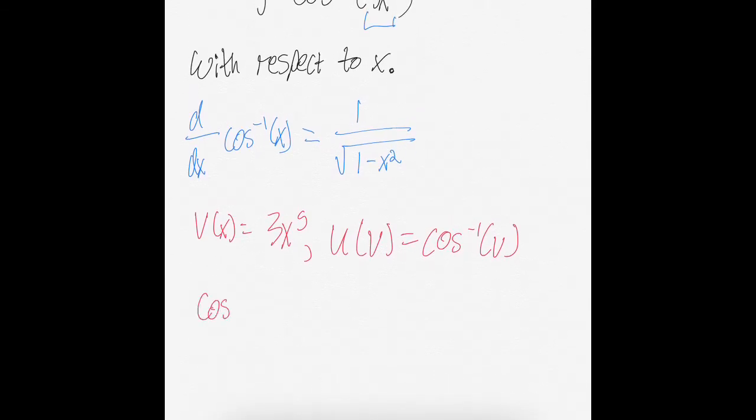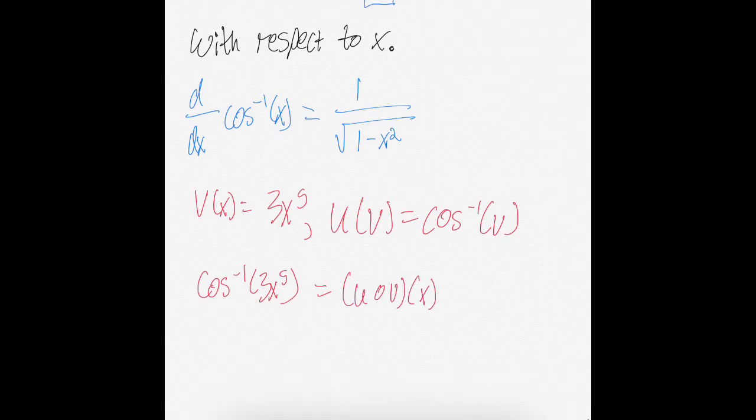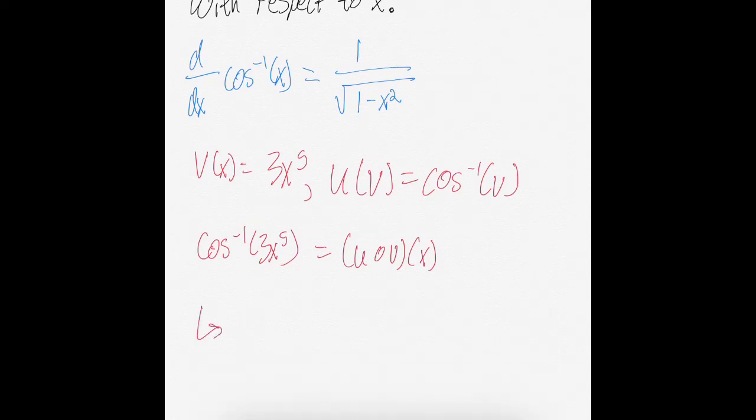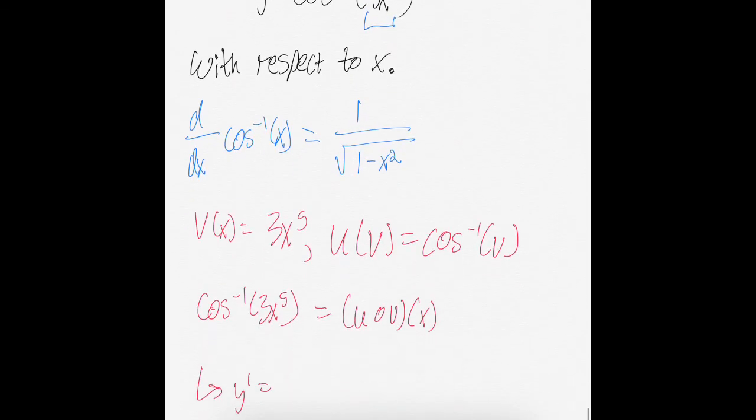So again, we've broken this function down into a composition of two other functions. Then cosine inverse of 3x to the 5th is u composed with v of x.